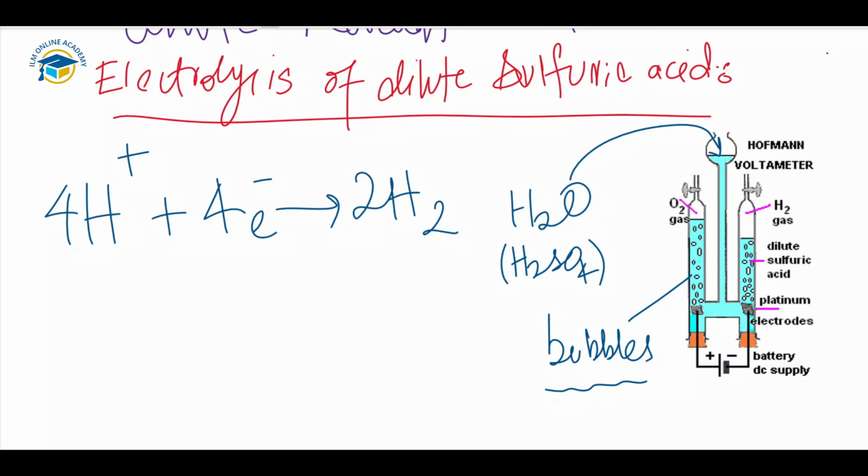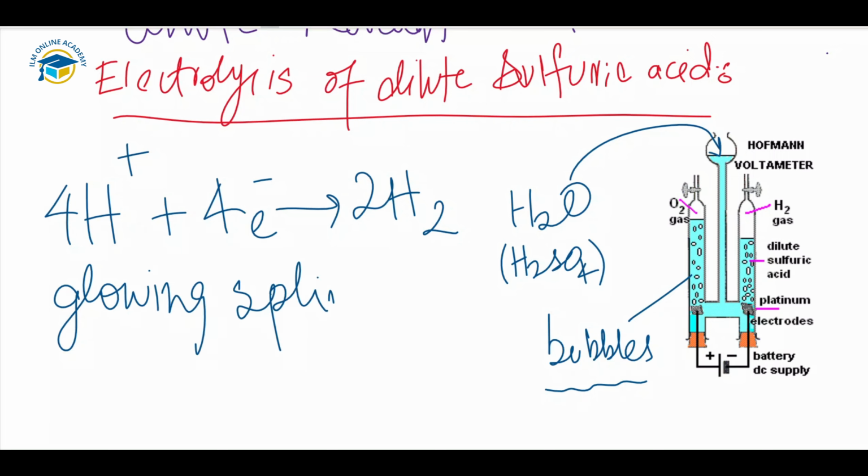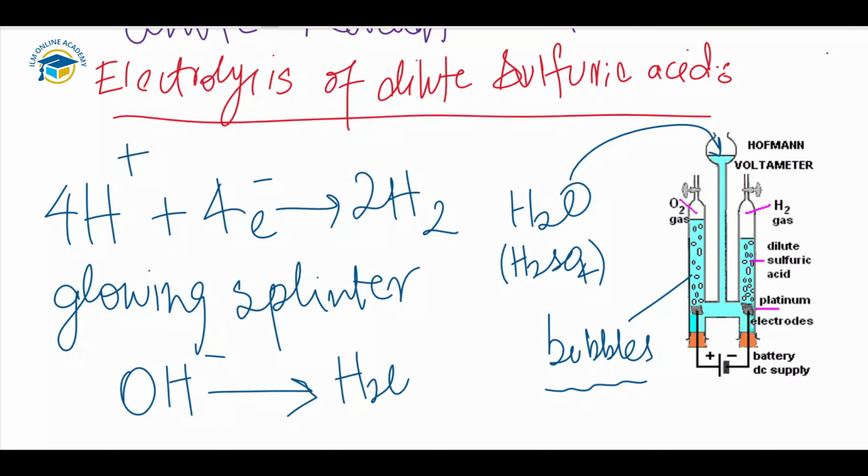So a squeaky pop sound in the case of hydrogen, and a glowing splint relighting is the indication of the production of oxygen gas at the anode. Hydroxide ions move towards the anode, and when they move towards it, they give up electrons. When they give up the electrons, we have water plus oxygen gas produced, plus electrons given to the anode.